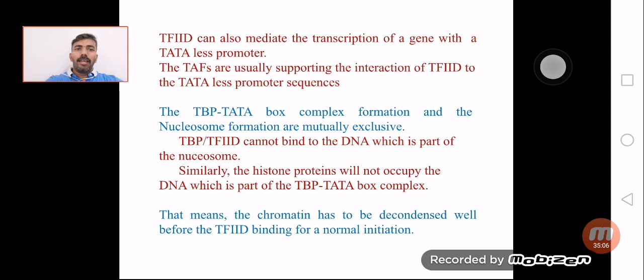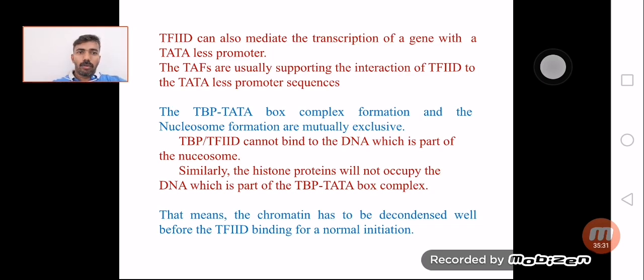That means the TBP-TFIID complex cannot bind to the DNA which is part of a nucleosome. We know that nucleosomes usually span a distance of around 200 base pairs. So within that region of a chromosome, TFIID cannot interact. That's important.